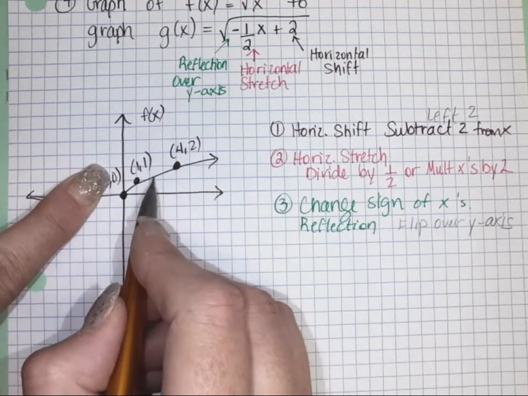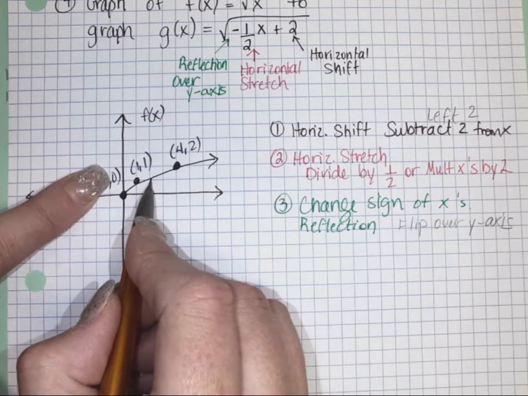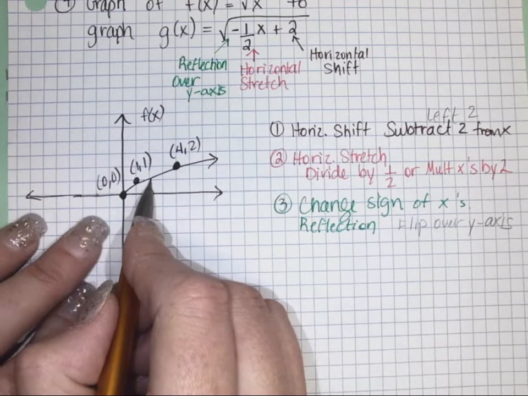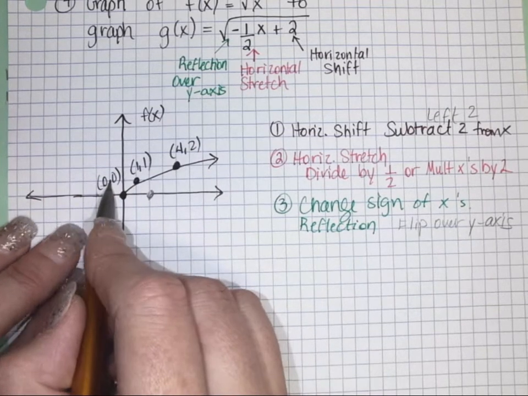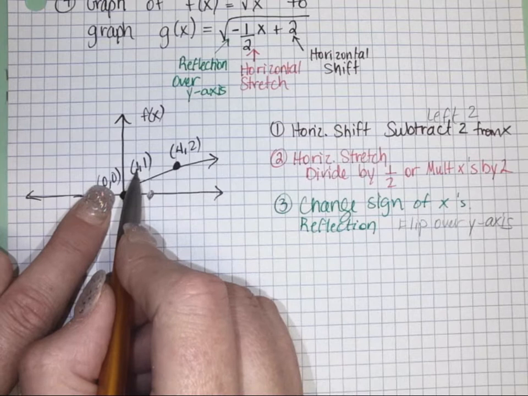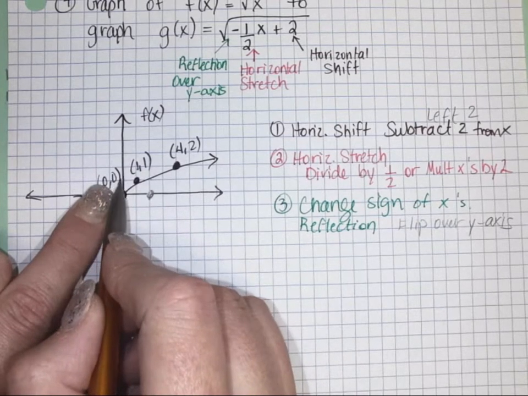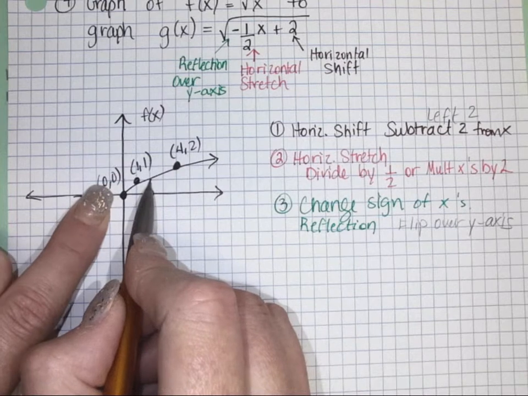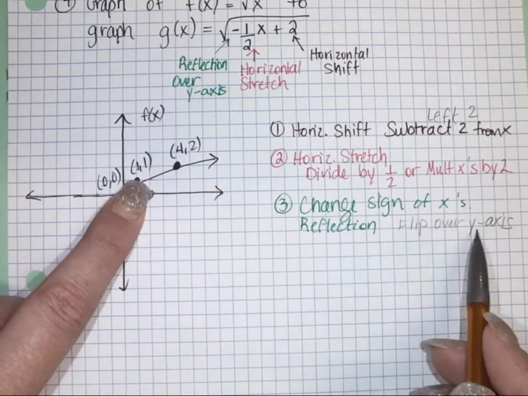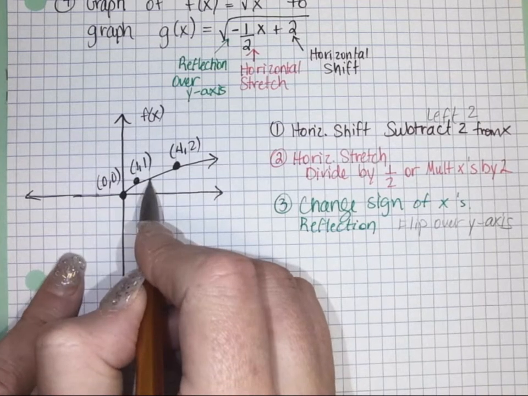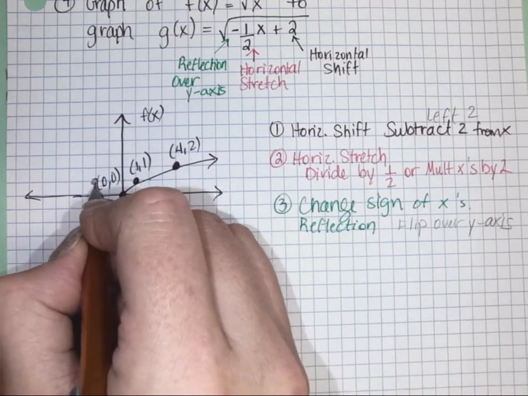So now I'm at 2, 1. So that takes me back here. So did you follow that? Moved it left 2 places. I had to multiply my x by 2, so that gives me a new ordered pair of 2, 1. So it moves me back to +2, 1. But then guess what? I have to take that point and flip it over the y. So if I'm here and I flip that point back over the y, it moves me here.